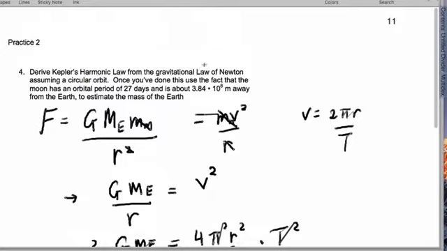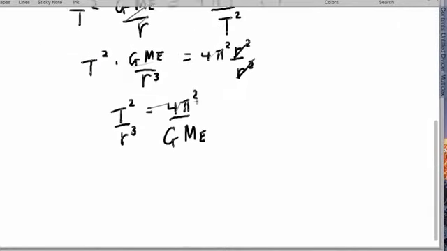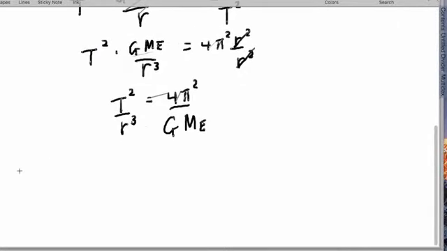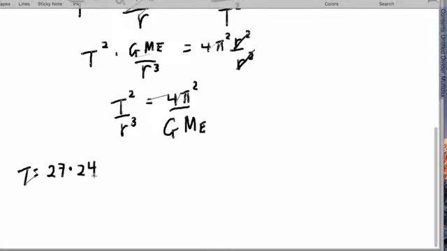So now what we can do is we know that the Moon's period is 27 days, and this is its distance. We need 27 days converted into seconds. So t is 27 times 24 hours in a day and 3,600 seconds in an hour.